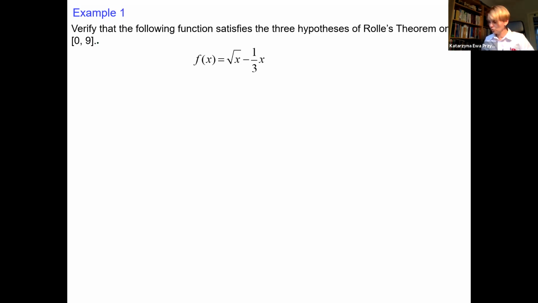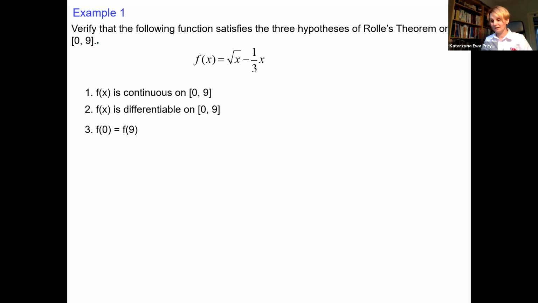And we have to check if f of 0 is the same as f of 9. Can we substitute 0? Square root of 0, minus 1/3 times 0, is 0. What about 9?